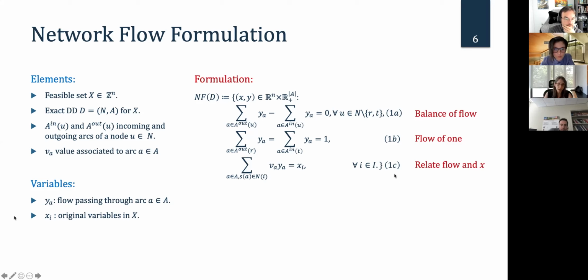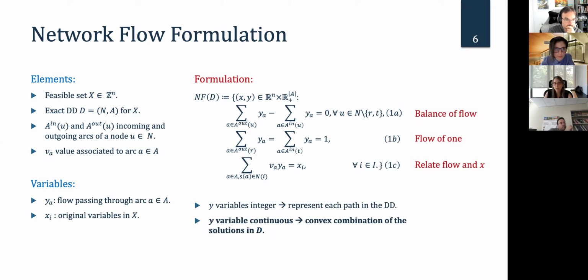And there are two ways to see this model. First, if we assume that y are integer, what this will give us is a specific path in the decision diagram. But in this case, what we actually want is y continuous, because we want the convex combination of all the solutions that are represented by the decision diagram. This is how we're going to use them.